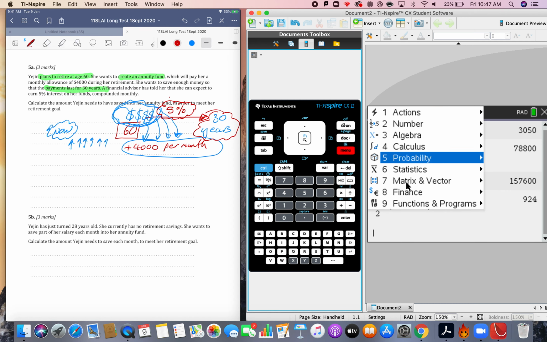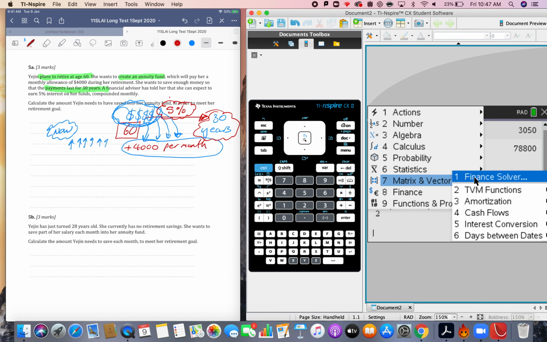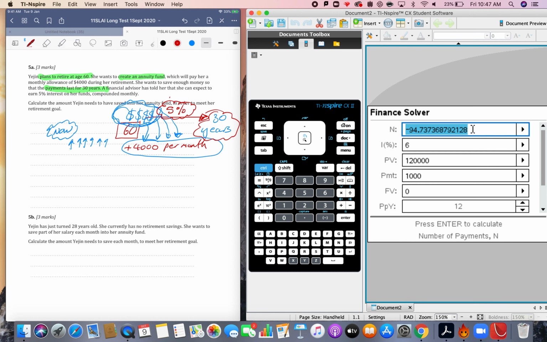So menu, finance solver. Okay, so N is the number of payments. Now she's receiving cash each month for 30 years, so N is quite easy to work out. It's 30 years times 12, which is 360. The I is already given, it's 5%.